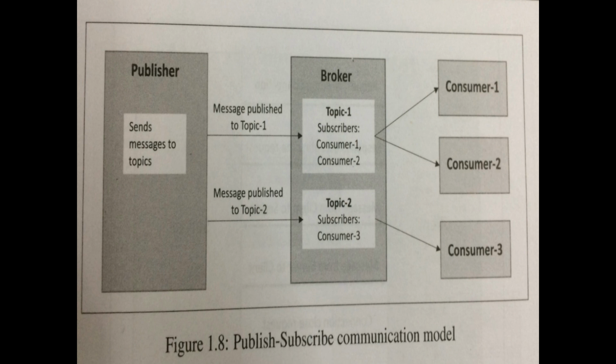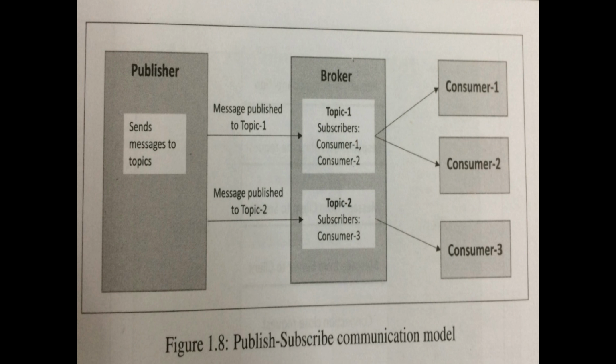Then you have the publish subscribe communication model. The publisher sends messages to topics. A message is published to topic 1, a message is published to topic 2. Topic 1 has subscribers consumer 1 and consumer 2, whereas topic 2 has one subscriber, consumer 3.